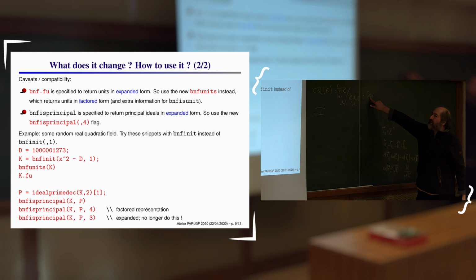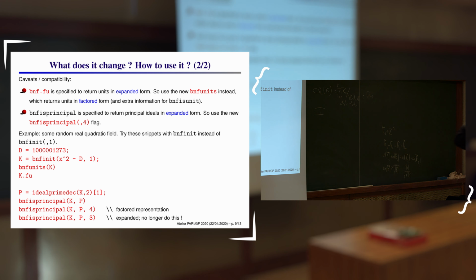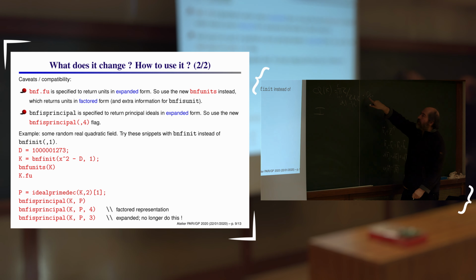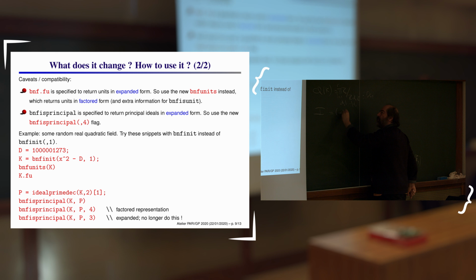And you know some generators. So the a_i here are some ideals that form independent generators of the class group in this precise sense. So any ideal can be written as a principal ideal times these same ideals to some power.